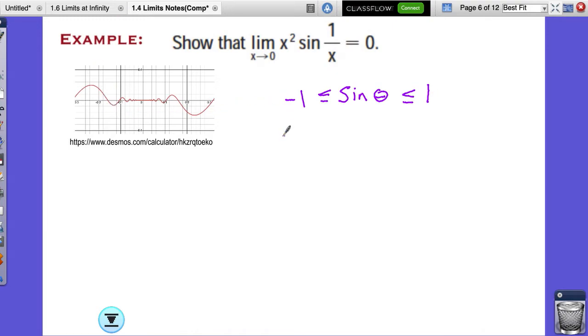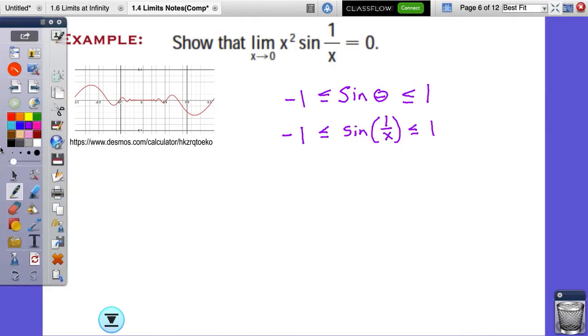All right, now if we replace that theta, since that's true for any theta, any angle, if I replace that with 1 over x, since sine is always between -1 and 1, no matter what that angle is, this is also true. We good with that?